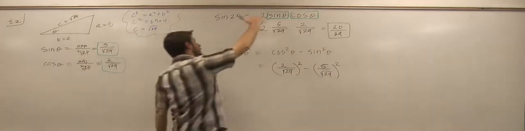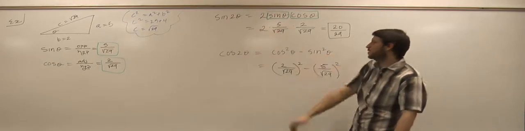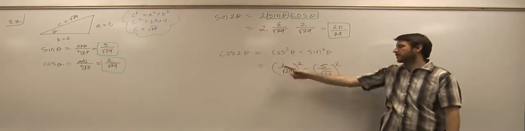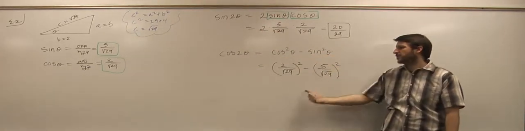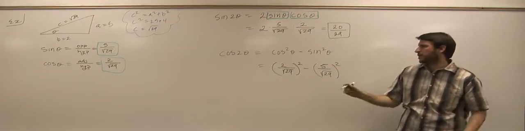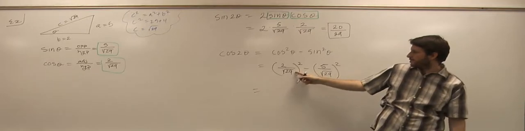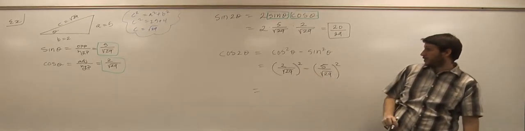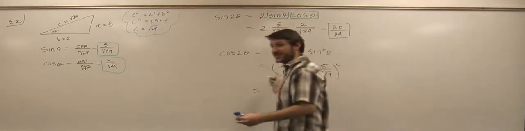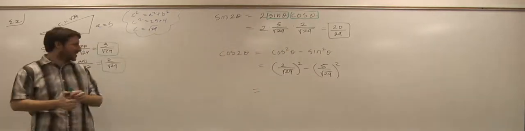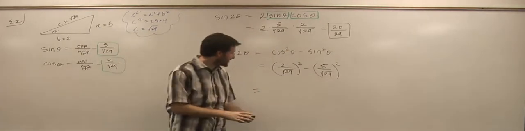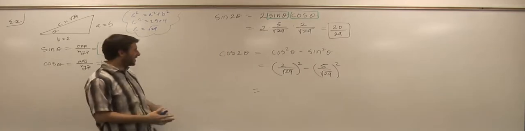If you know sine theta and cos theta, you can figure out sine 2 theta, cos 2 theta. Plug it right in there. How does it simplify? This is what? Oh, this is unknown. No one has ever discovered what 2 over root 29 squared is. All right, well, let's figure it out.